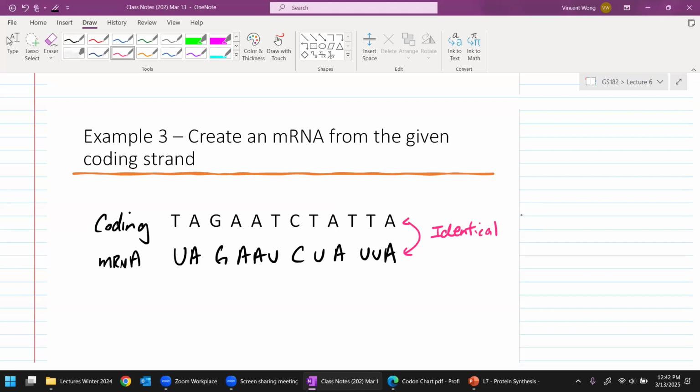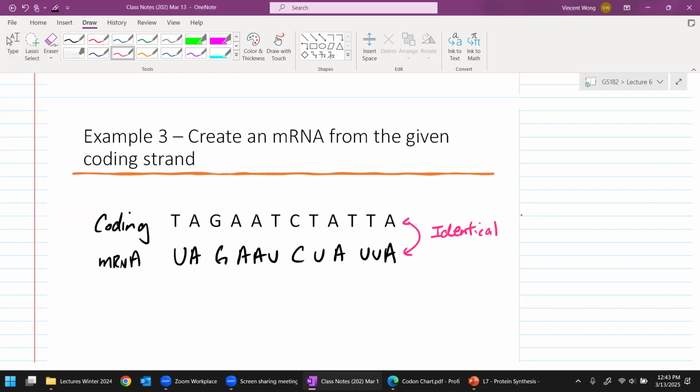If you're confused, here's the cheat sheet. Not that you can bring it to the test. What are the possible letters on the coding strand? A, and then T, C, G. Yeah, that's the only four possibilities, right?